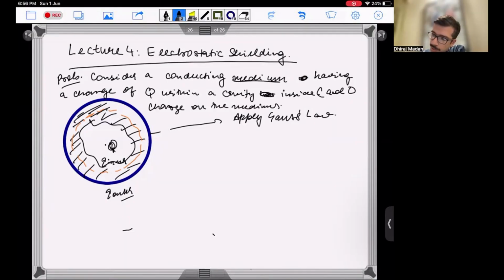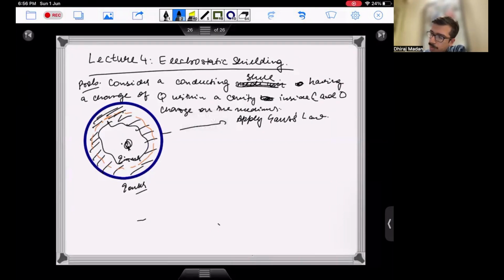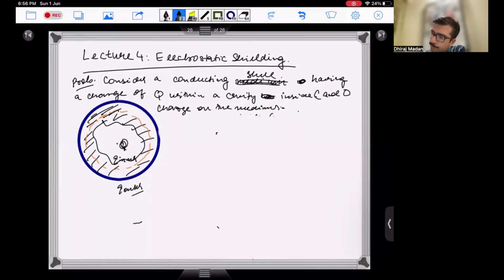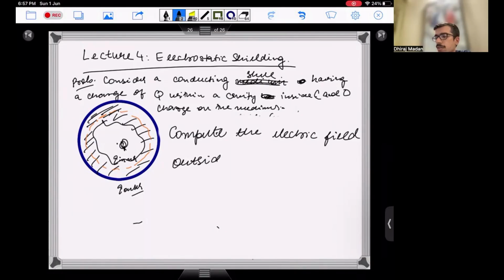Actually, I should have called it a conducting shell. Compute the electric field outside the shell.